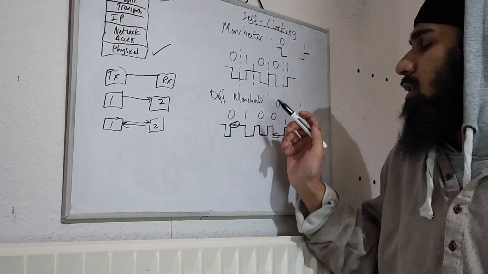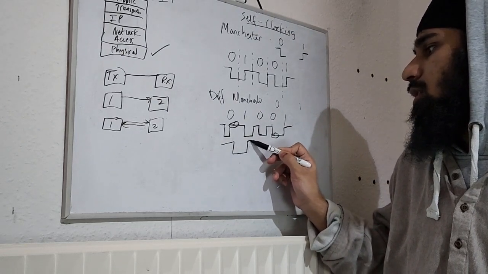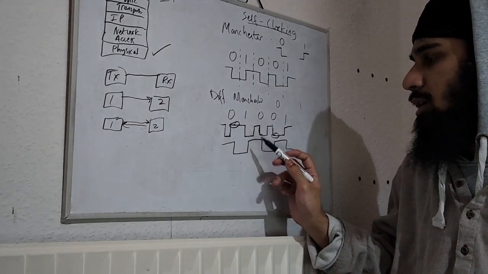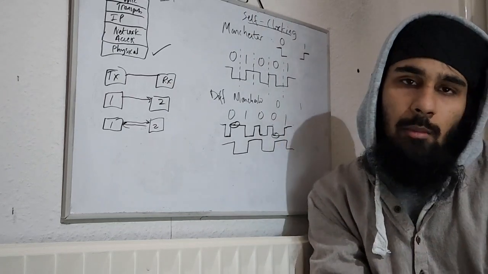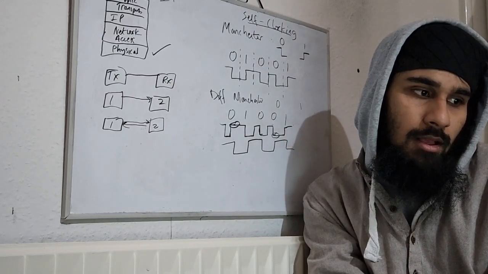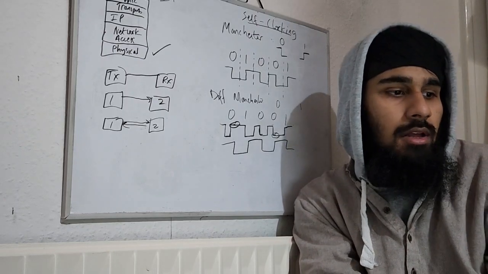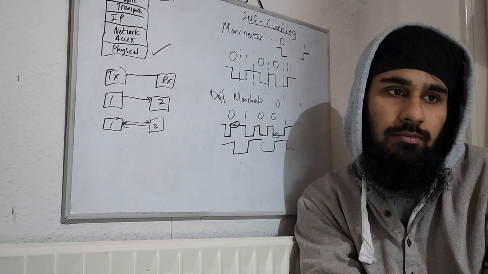For the other ones the changes were bigger. Here it's very tiny, so you'll need double the bandwidth. There can be error detection for this, so it's useful, but it requires more bandwidth.